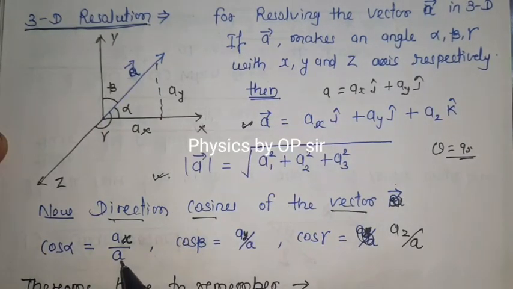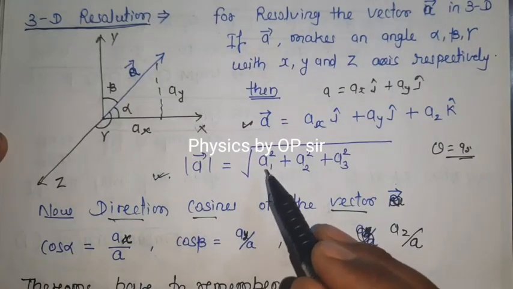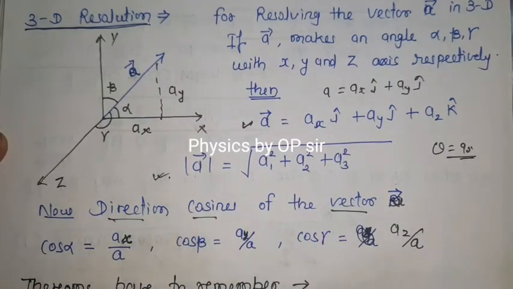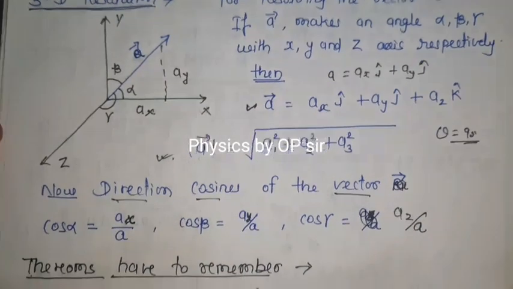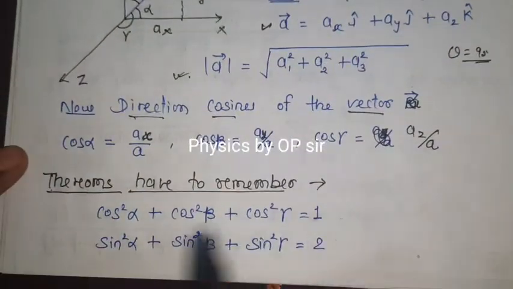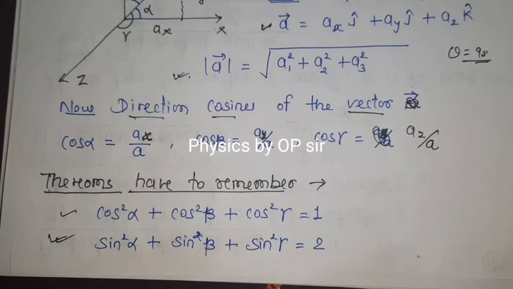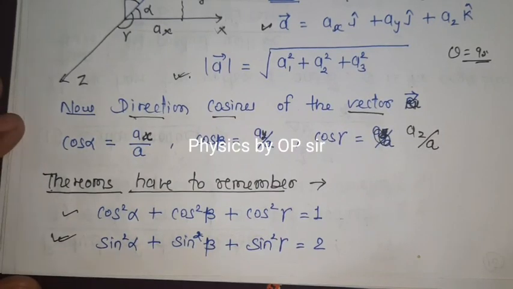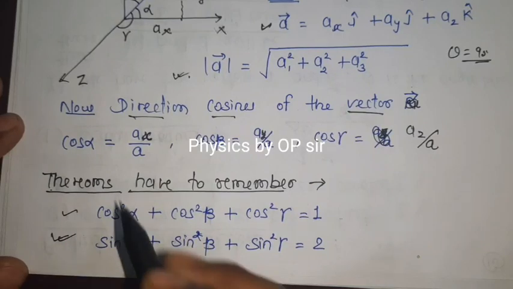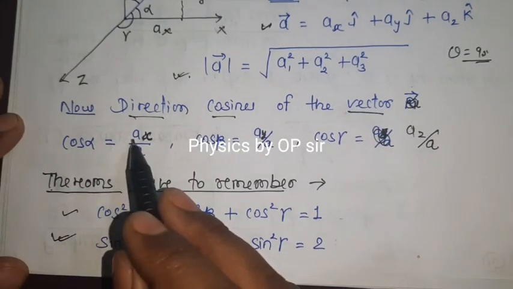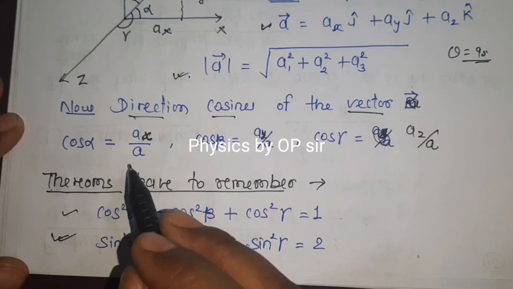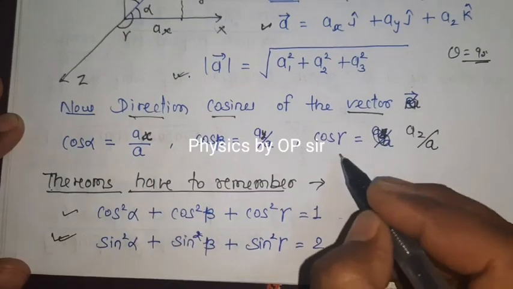So the value of this a is the root of a1 square plus a2 square plus a3 square. Now there are 2 points we have to remember from the competition point of view. Cos square alpha plus cos square beta plus cos square gamma will be equal to 1. Cos square alpha means the square of this upon the square of this.